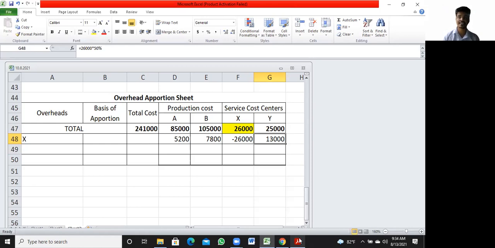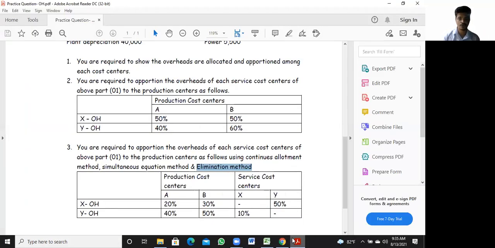We ignore the contribution made from y to x, and distribute y's cost only through the other cost centers. But here we have to decide the ratio by which the cost belonging to service cost center y should be distributed. For y, it is given as 40, 50, 10%.